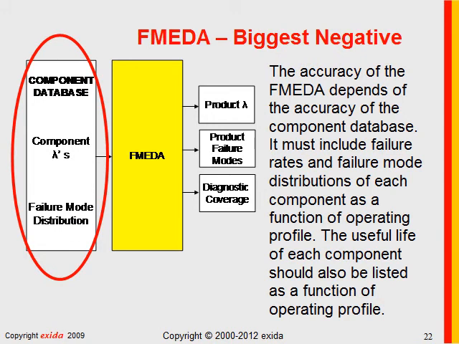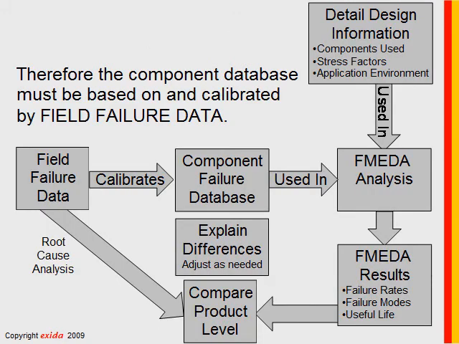So what do we do about the component database accuracy? The answer is the component database must be based on and calibrated by a strong set of field failure data. The field failure data generates the component database, which is used in an FMEDA analysis. And frequently then, FMEDA results are compared with field failure data, and if there's any fundamental difference, the reason must be ascertained.